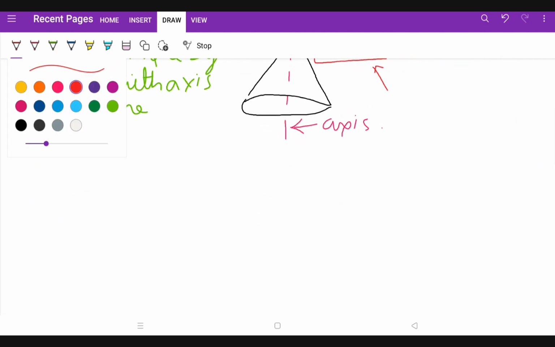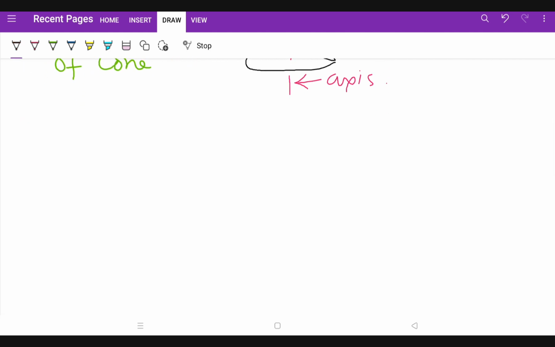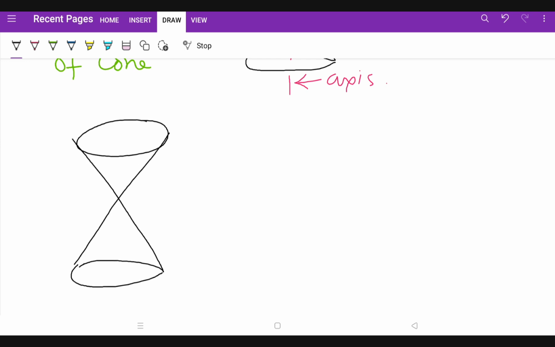So let's draw another diagram. If I keep beta less than 90 degrees but greater than alpha, so we have alpha here.